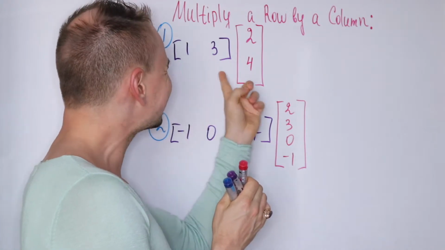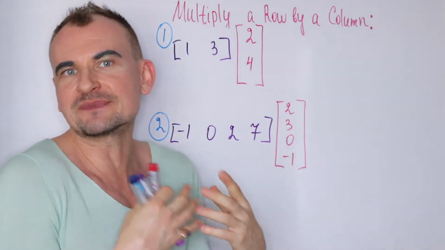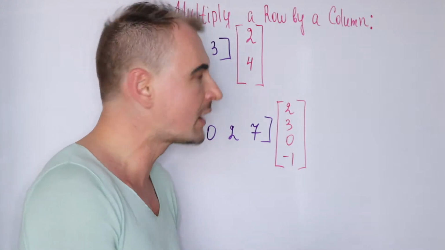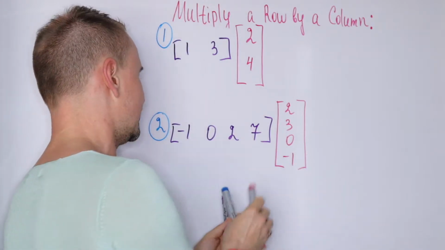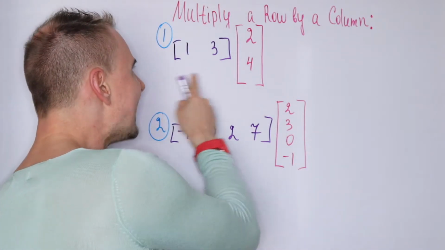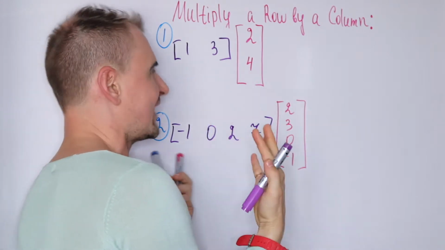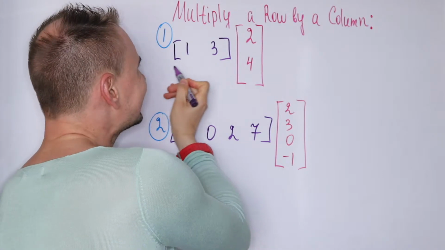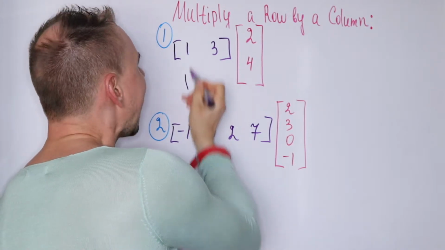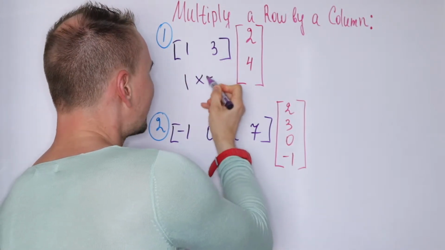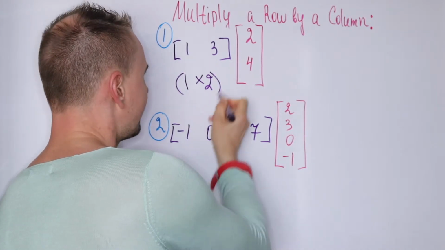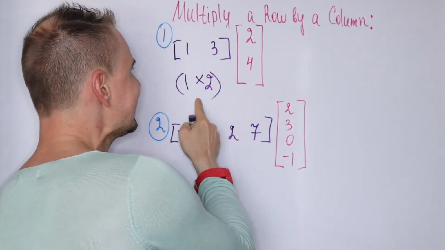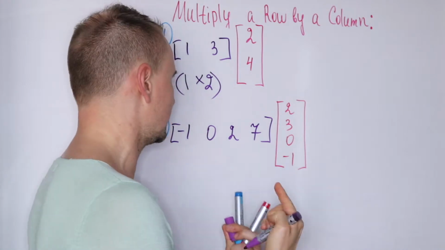So what is the size, or the order, or sometimes it's called dimension, for the first matrix? Since you have one row, it's called a row matrix. It has one row and two columns, so the size for the first matrix is 1 by 2.